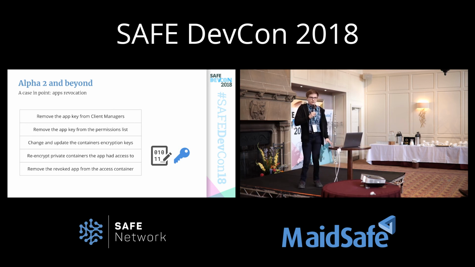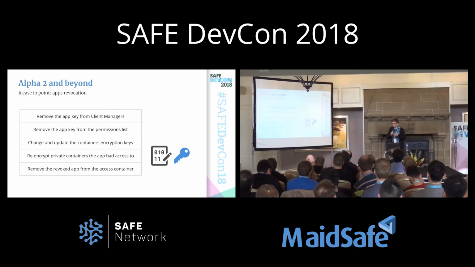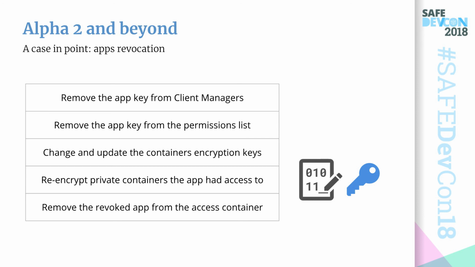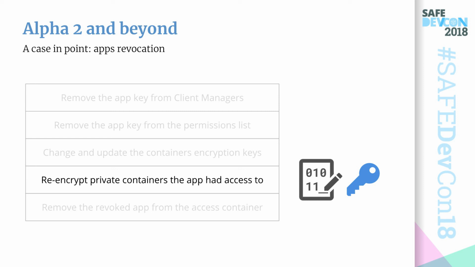So we have to be careful, break down each of the steps, and make sure that if some of the steps fail, we recover from them gracefully. When a user tries to revoke the application, and the network connection fails, or he or she runs out of account balance, what if one of the re-encryption operations fails? How do we deal with that?